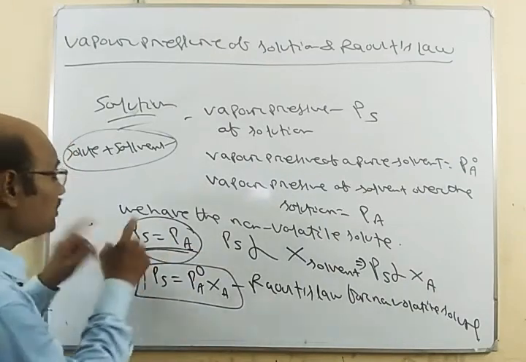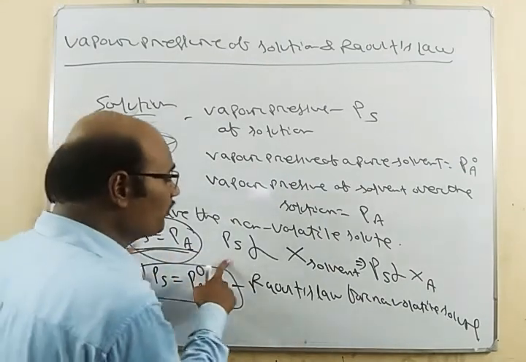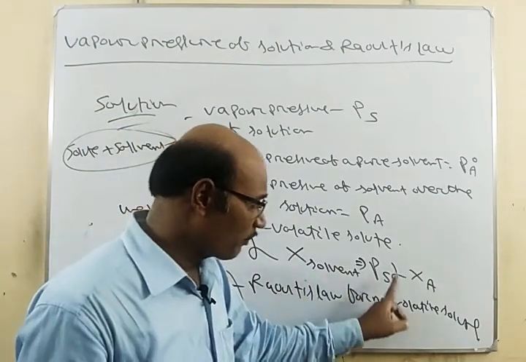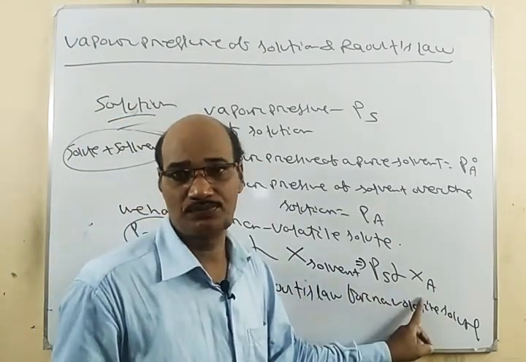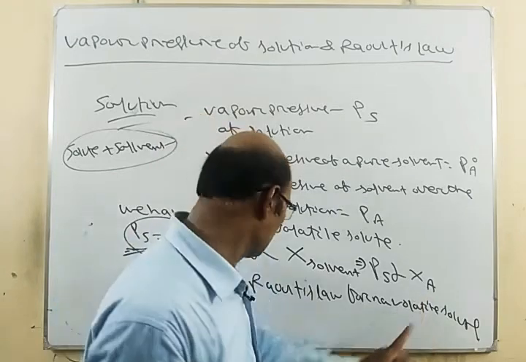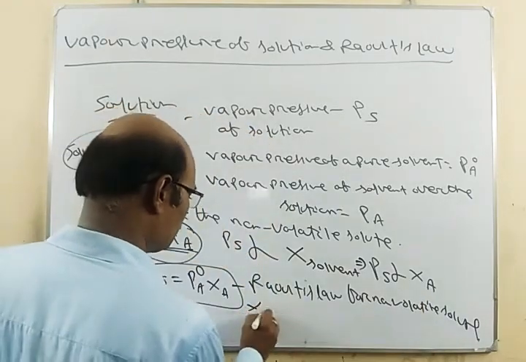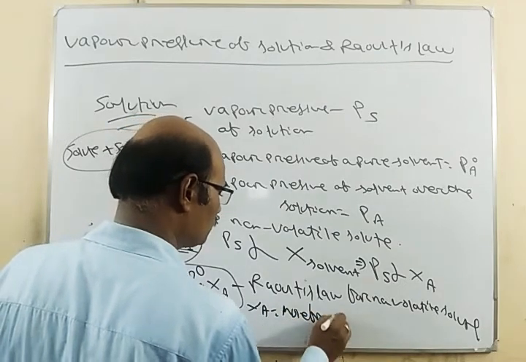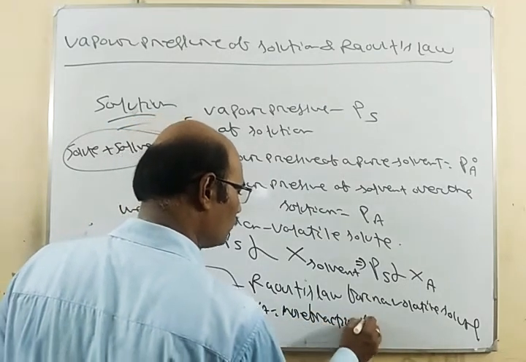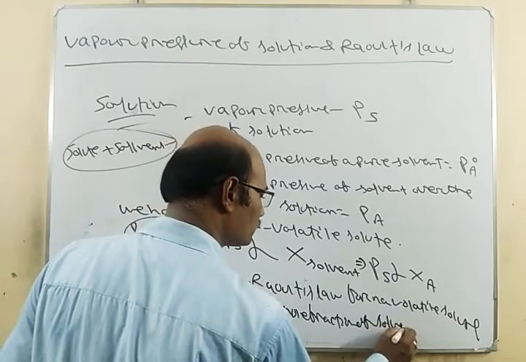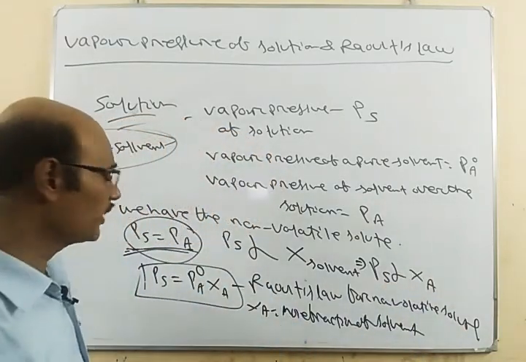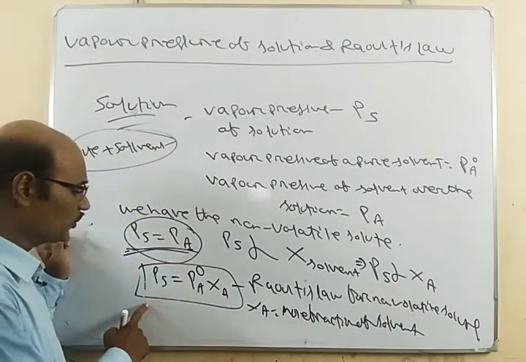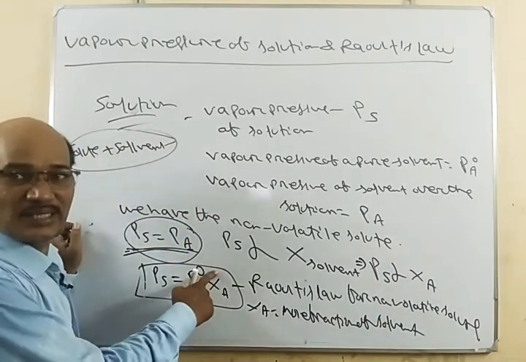Now PS is proportional to the mole fraction of the solvent, XA. So what is XA? XA is the mole fraction of the solvent. So PS is proportional to XA, or PS equals PA naught XA.